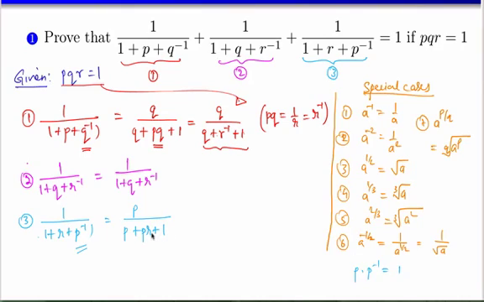Once I get this, I see that this denominator is not the same as this denominator. It has changed. If I simplify it more, I write this as p, and pr will be equal to q raised to minus 1.